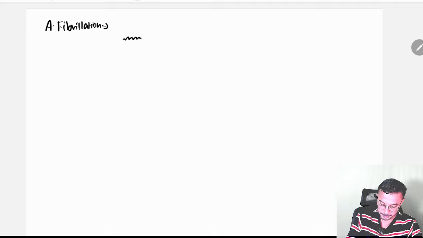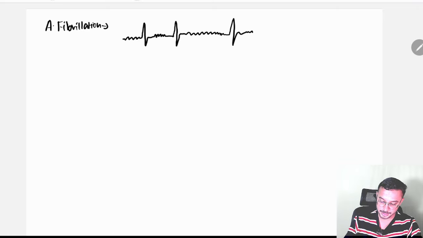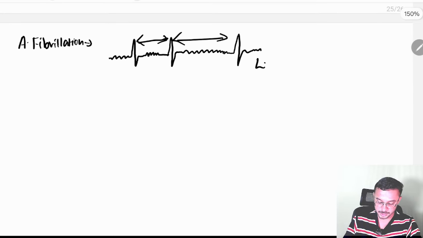Fibrillatory waves, absent P waves, QRS is coming, absent P waves, QRS is coming here. Irregular RR rhythm. This is an irregular RR interval. So what is the treatment? Esmolol.